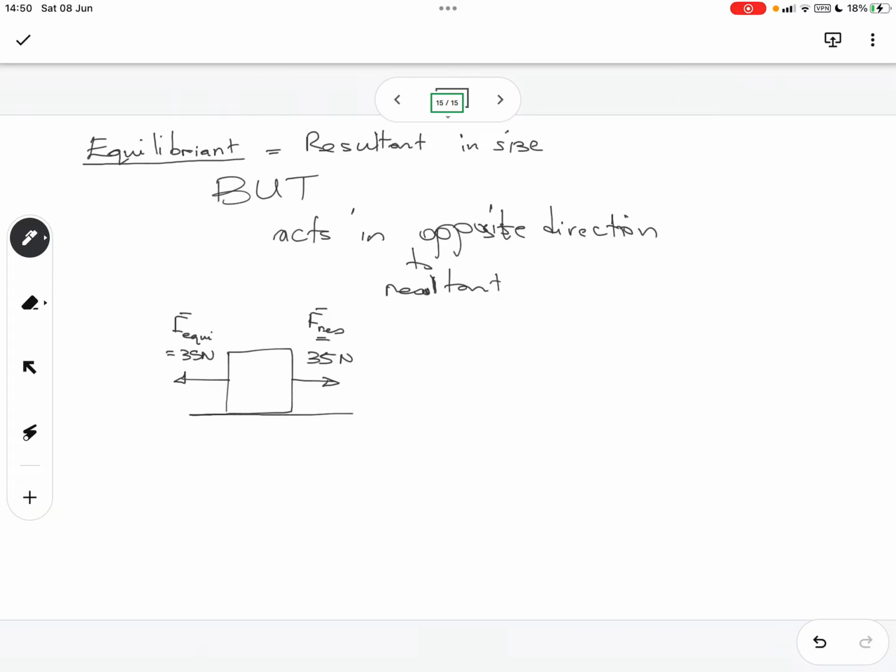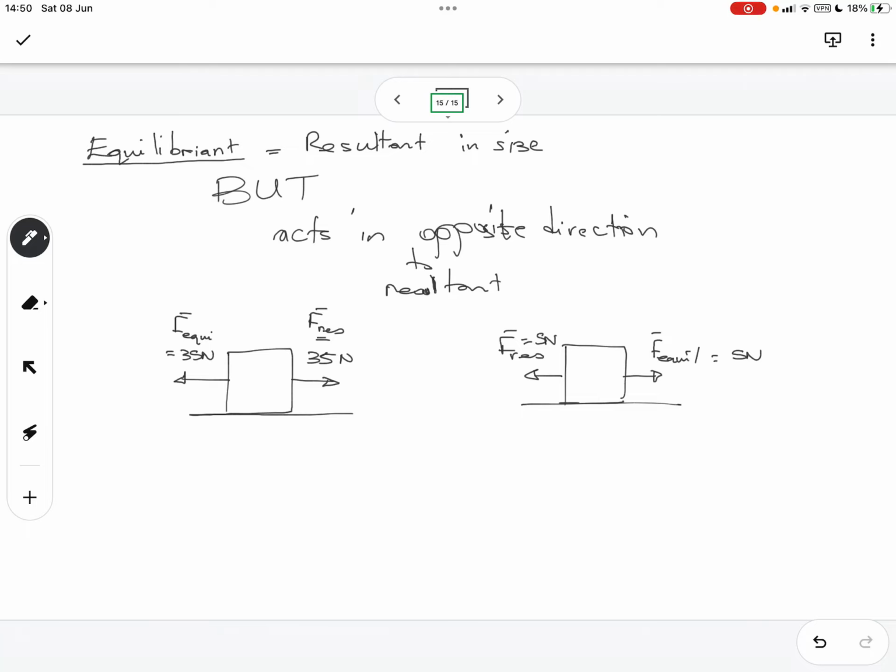So what this means is, in the first example where we have a block that has a resultant force of 35 Newton, then the equilibriant, F equi, would be 35 Newton in the opposite direction.